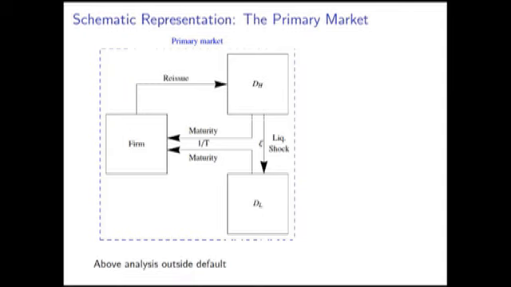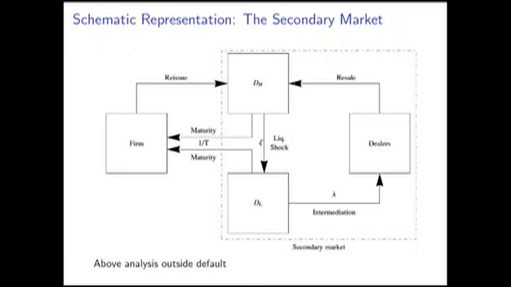Okay? Now, what we want to do is we want to have a secondary market. So the secondary market we now add via a dealer-intermediated over-the-counter market. So the low valuation investors who've been hit by a liquidity shock now, with some intensity, meet dealers that then intermediate the trade and sell the bond on to better positioned investors that have not been hit by a liquidity shock.